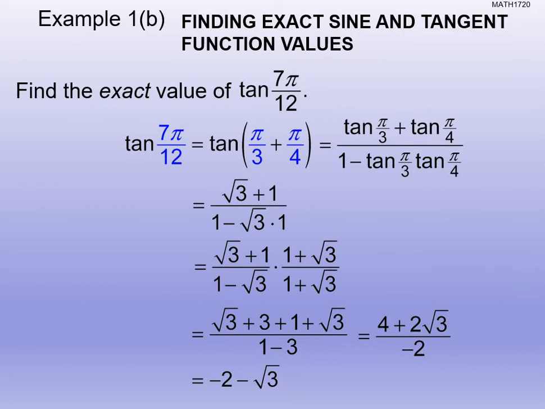So 4 divided by negative 2 is negative 2. And then the negative 2 in the denominator and the positive 2 in the numerator cancel. So we end up getting negative 2 minus square root of 3. The reason we chose that is because 4 is divisible by negative 2, and so is 2. So we rewrote it as two separate fractions and simplified it on down.